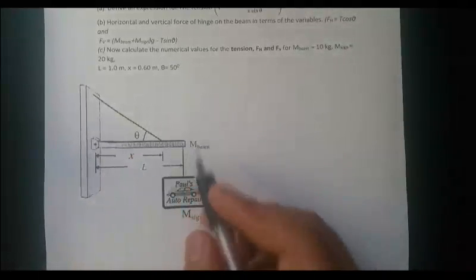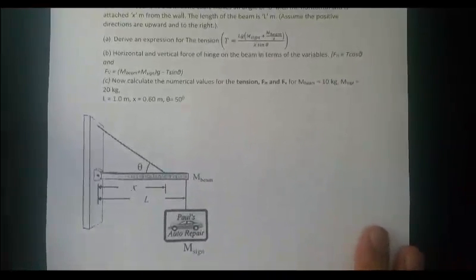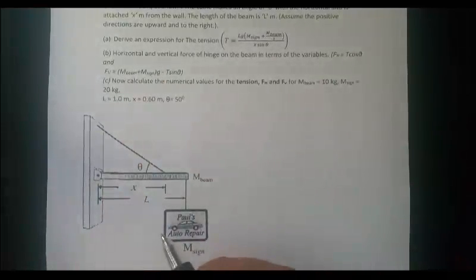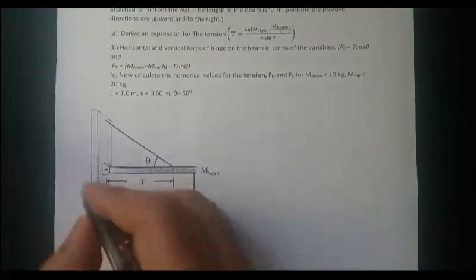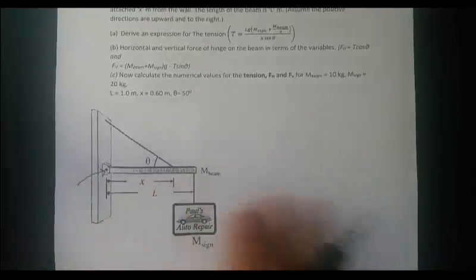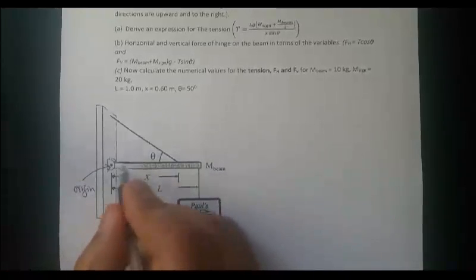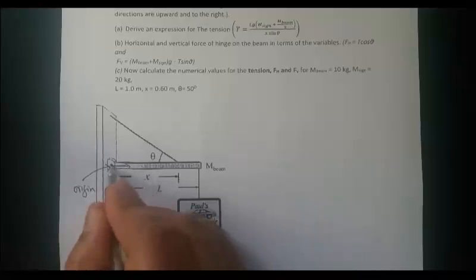So it's asking, first question is, what's the tension in the cable, just in terms of the symbols, all in terms of the symbols. And the unknown hinge forces, next question. So first, the best place to choose the origin is this, right? Why? Because you have unknown hinge forces acting here.